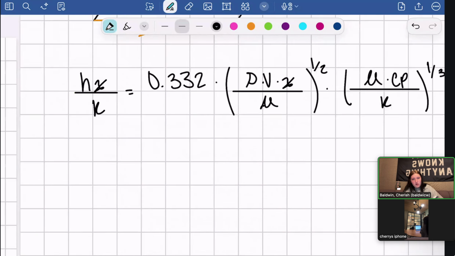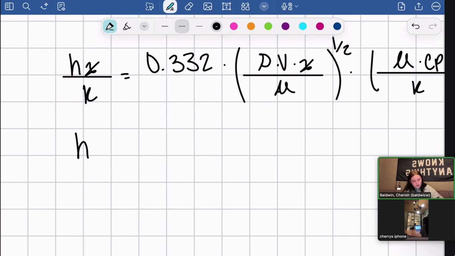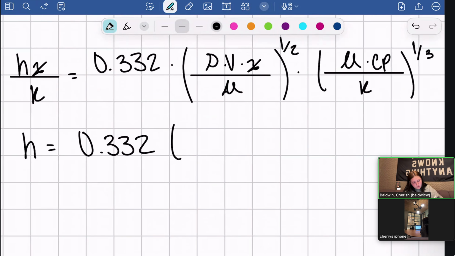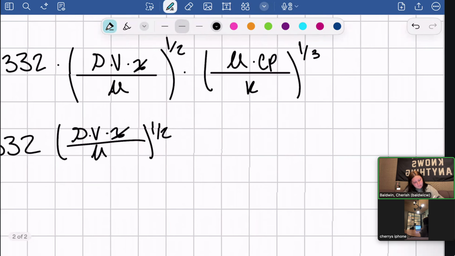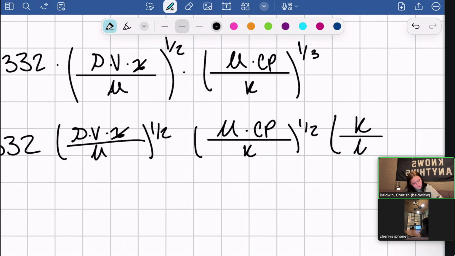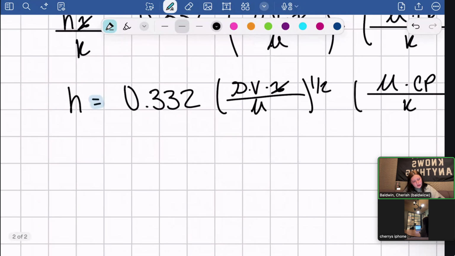Alright, so now let's solve for h. And now let's simplify.